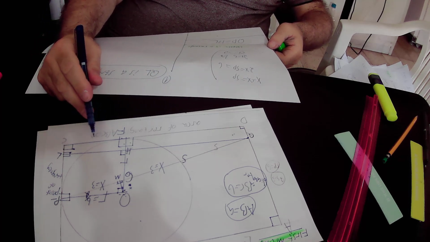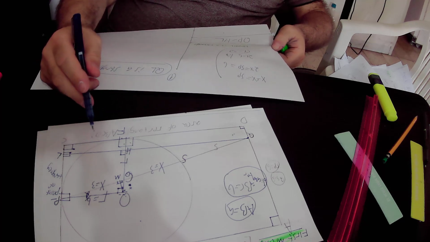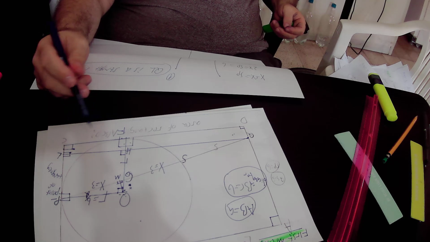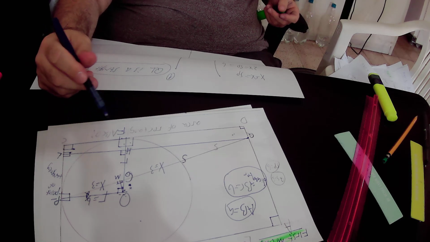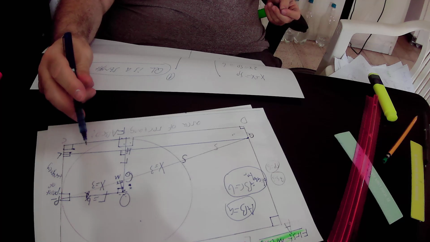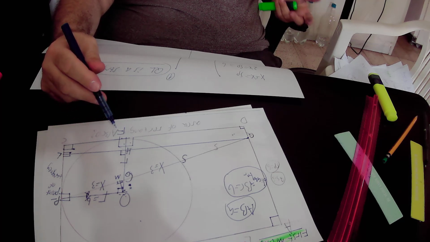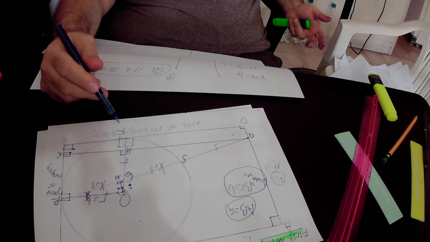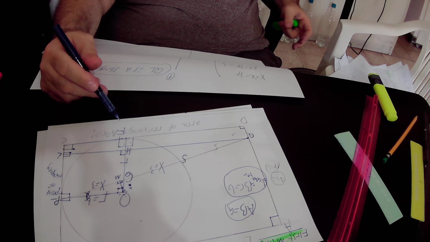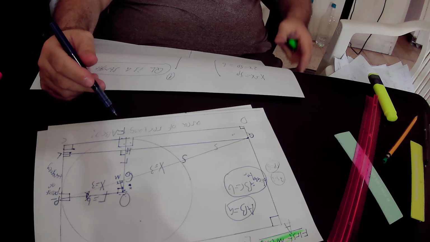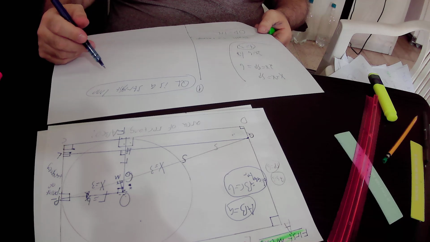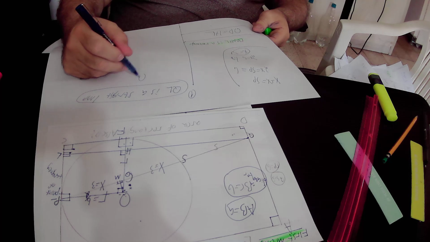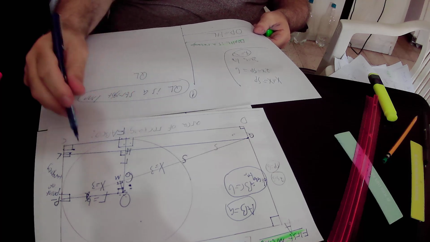And HL is parallel to OP. So part of the straight line QL is parallel to OP. And if a part of a straight line is parallel to another straight line, then the straight line itself must also be parallel to that line. Therefore, we can conclude that QL must also be parallel to OP.